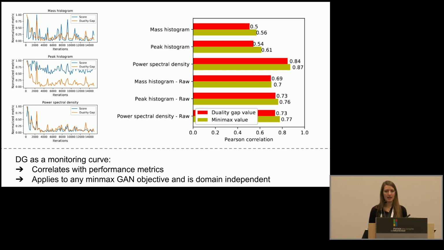Here on the left-hand side, we have the trend of these 3 scores and our duality gap metric, and we are interested to see whether they are correlated. Also, these 3 metrics are very expensive to compute in practice, but the duality gap is very efficient. We do find, in fact, that there is high correlation, and whenever there is a peak for one of the metrics, our duality gap also has a peak. On the right-hand side, we show the Pearson correlation between the duality gap and all these scores in raw form and normalized form.